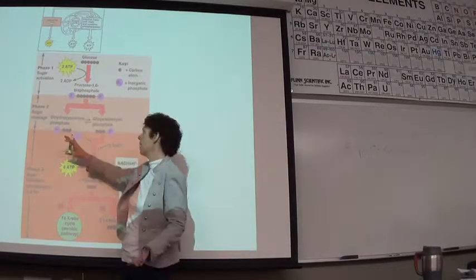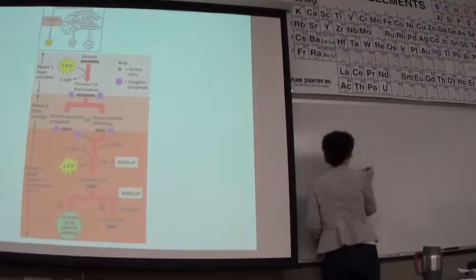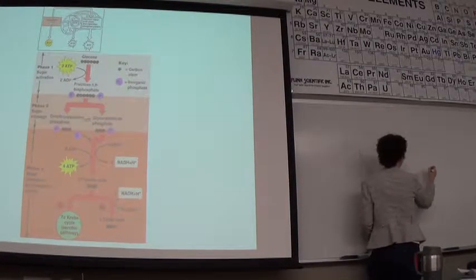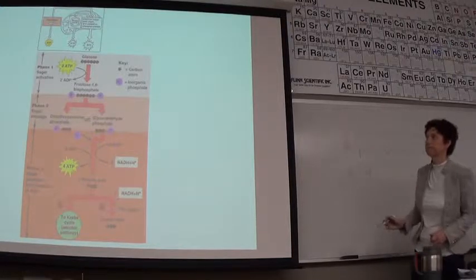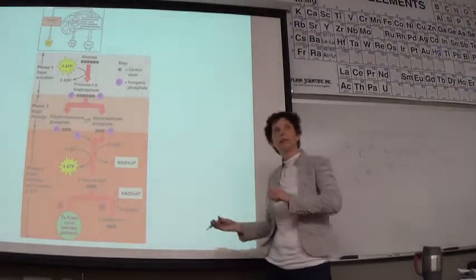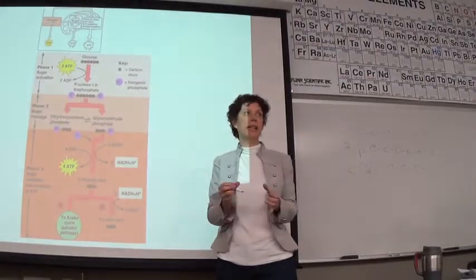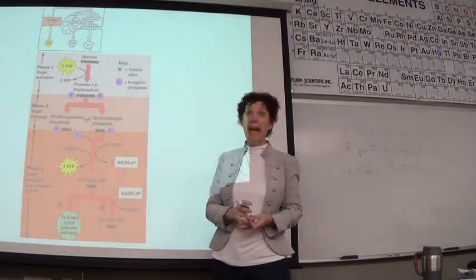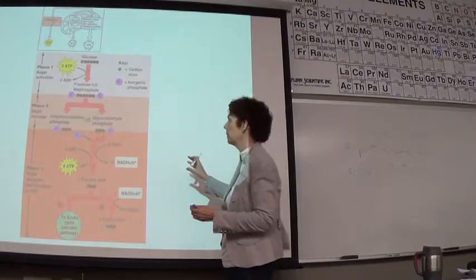We're not releasing energy that we can capture. All right, now we have 2 3-carbon molecules, each of which has a phosphate. This is where glycerol, as a component of triglyceride, can come into the pathway, and we can utilize fat to capture energy, in that 3-carbon molecule.